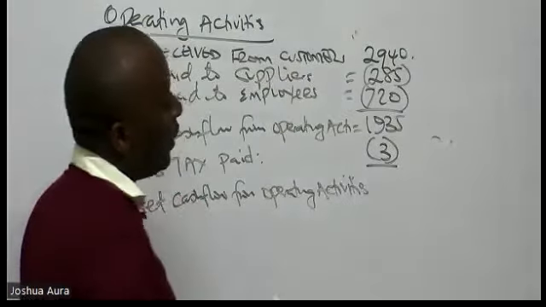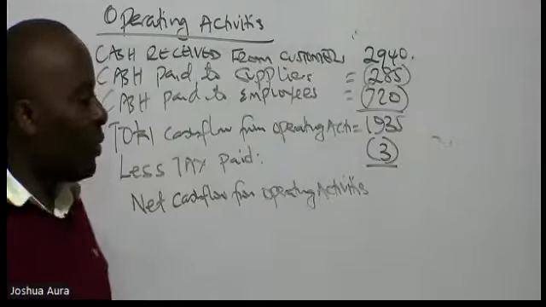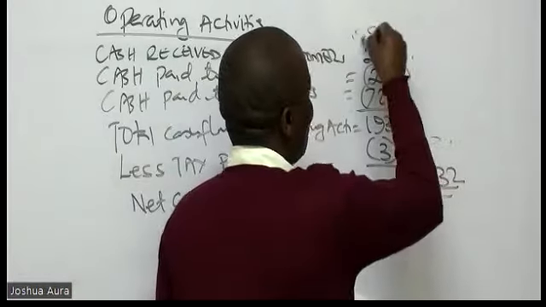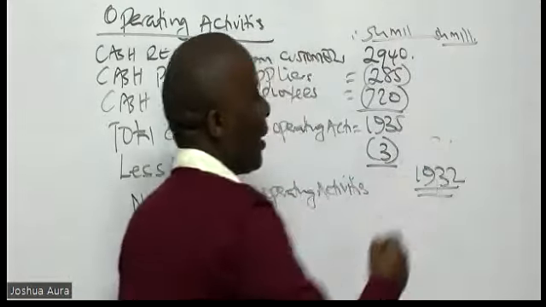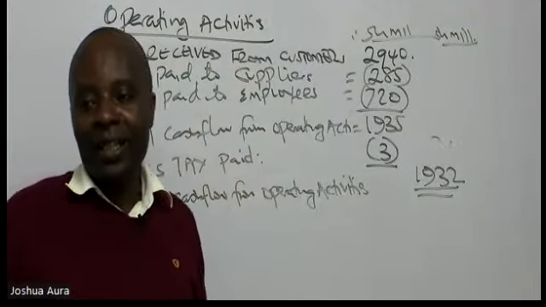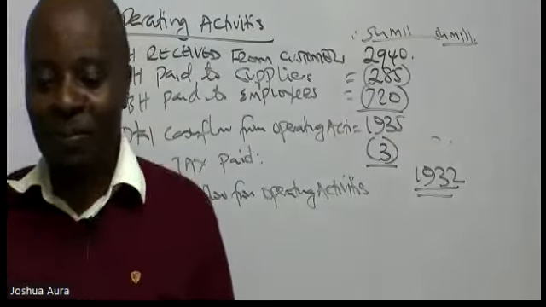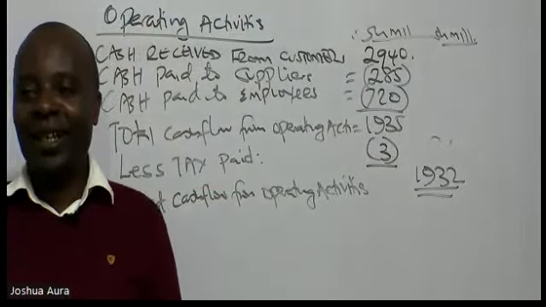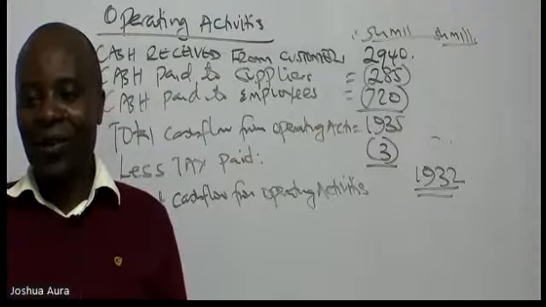So 1935 minus 3 gives me 1932. Of course we have shillings millions here and there. So is this figure familiar? 1932, is it familiar? Great.